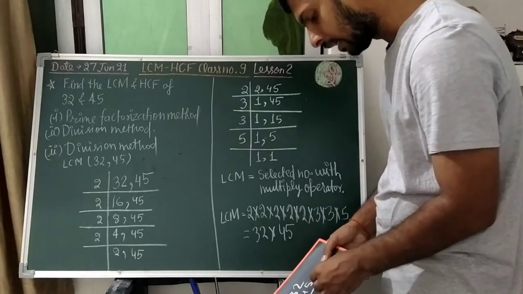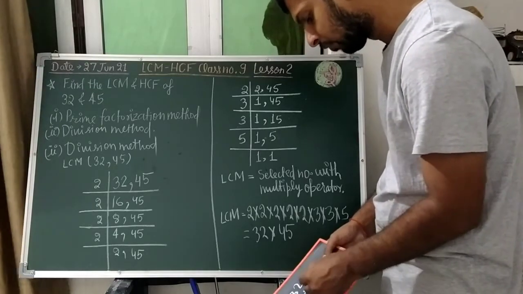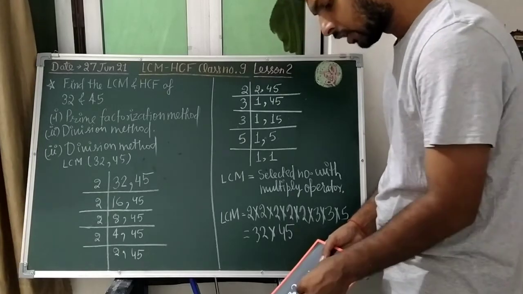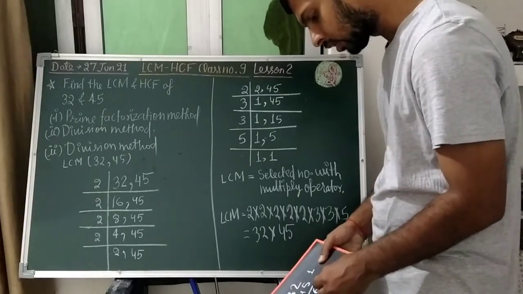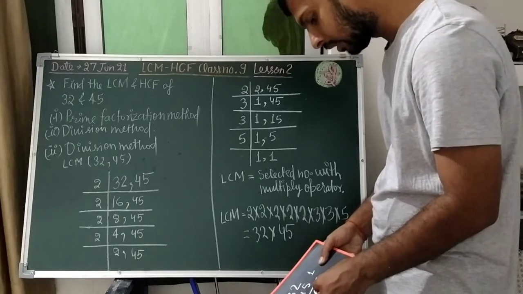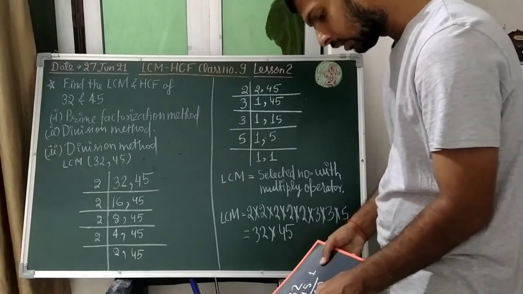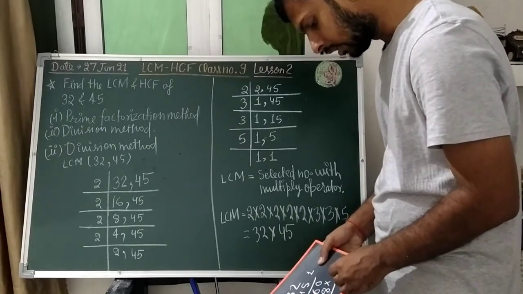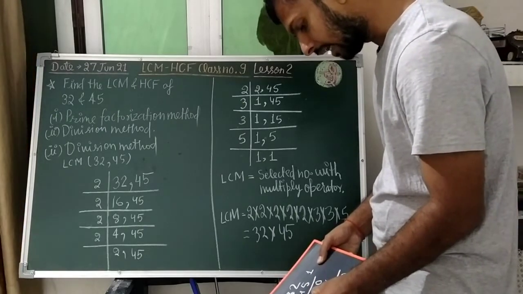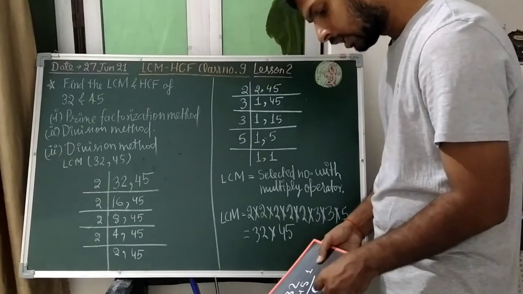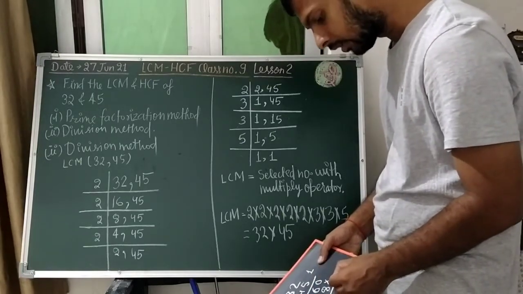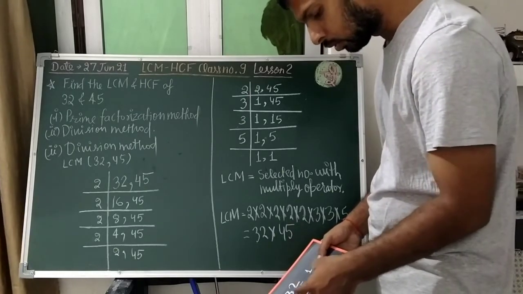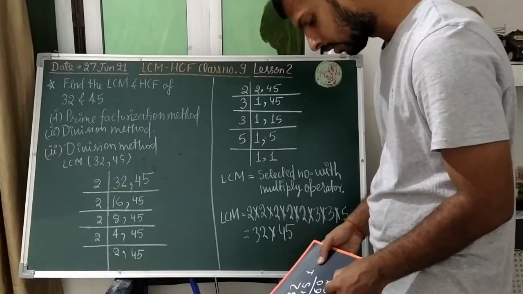So 5 2s are 10, 1 carry, 5 3s are 15, 1 16, 1 60. 4 2s are 8 and 4 3s are 12. So what will you get, students? 0 here. After that we will add. So 0, 6 plus 8, 14. 4 here, 1 carry. 1 plus 1, 2 plus 2, 4.